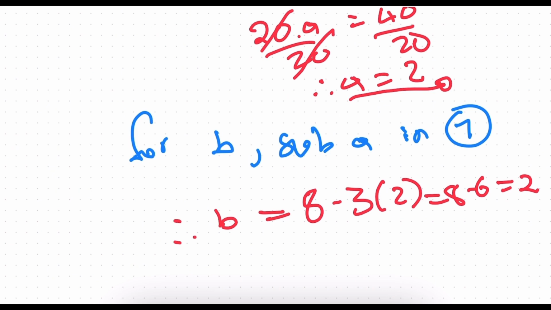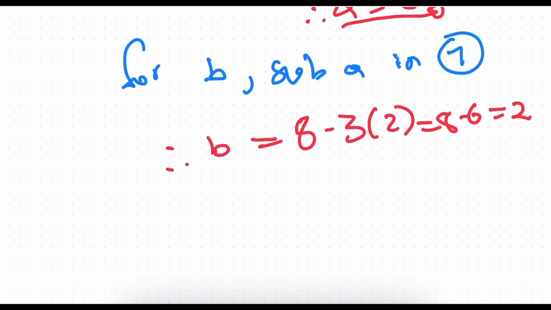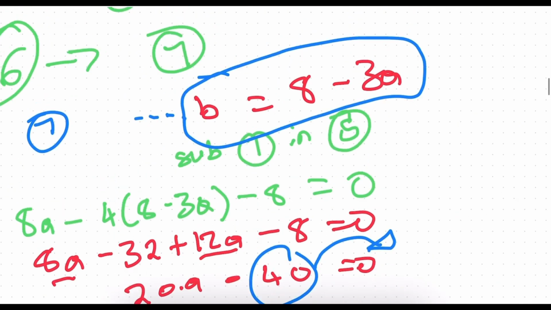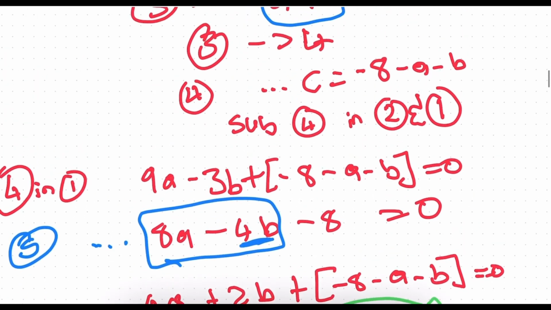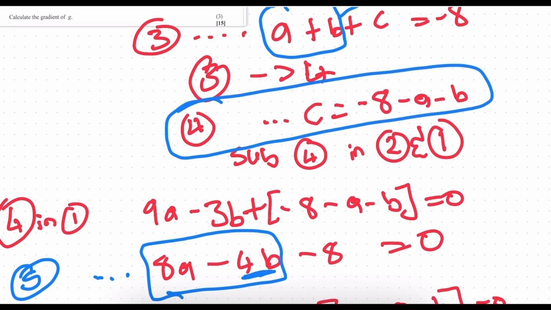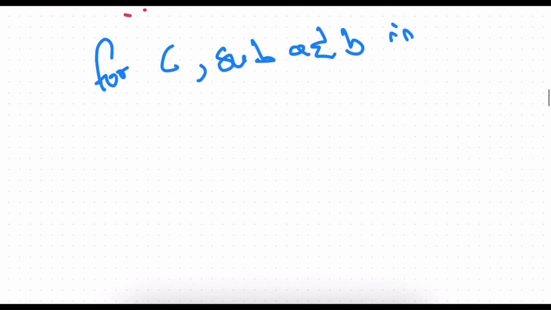Okay. Then for C, what do you do for C? Substitute a and b in the equation. Let's confirm where C is the subject of the formula. This is the equation where C is the subject of the formula. You see here, equation 4. In equation 4, substitute a and b.